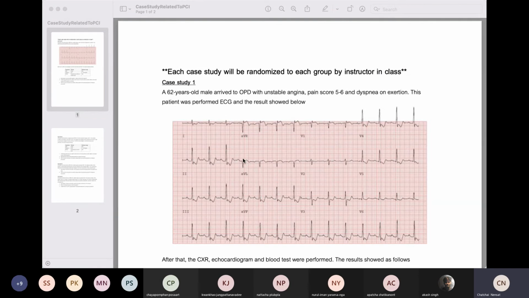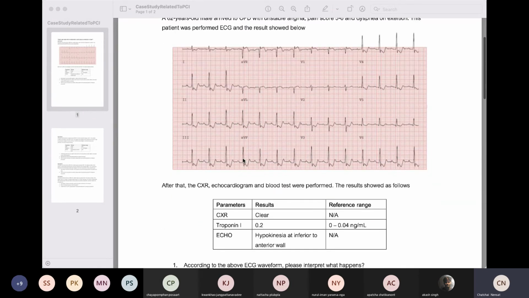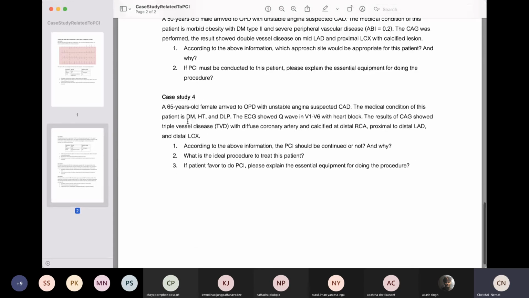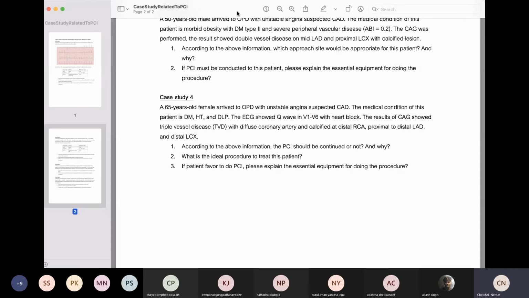There are 4 cases now: case study number 1, 2, 3, and 4.